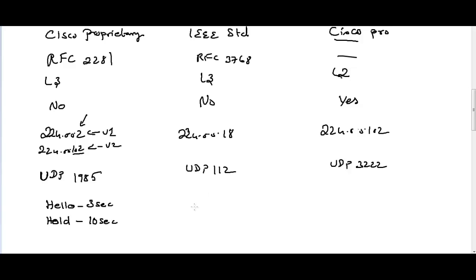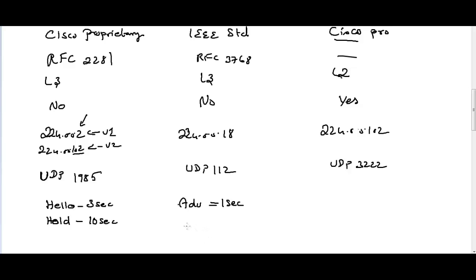Now if you talk about the timer in VRRP, this is a little bit complicated. We don't call it hello time or hold time. Here we call it advertised time. Advertised time in VRRP is actually 1 second. Every second it sends the advertisement, same like hello.